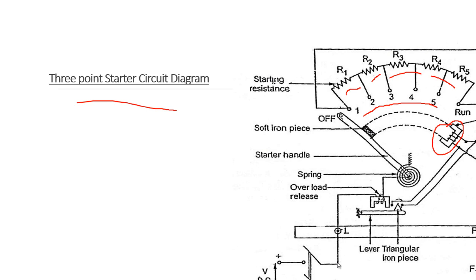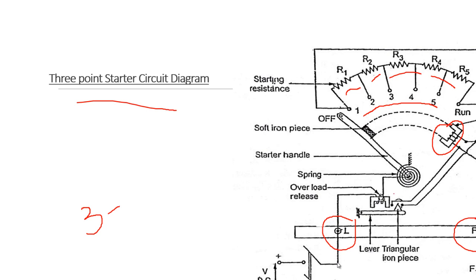Here you can see the 3 points, that is L, F and A. This type of 3-point starter is mostly used for shunt type of motors.